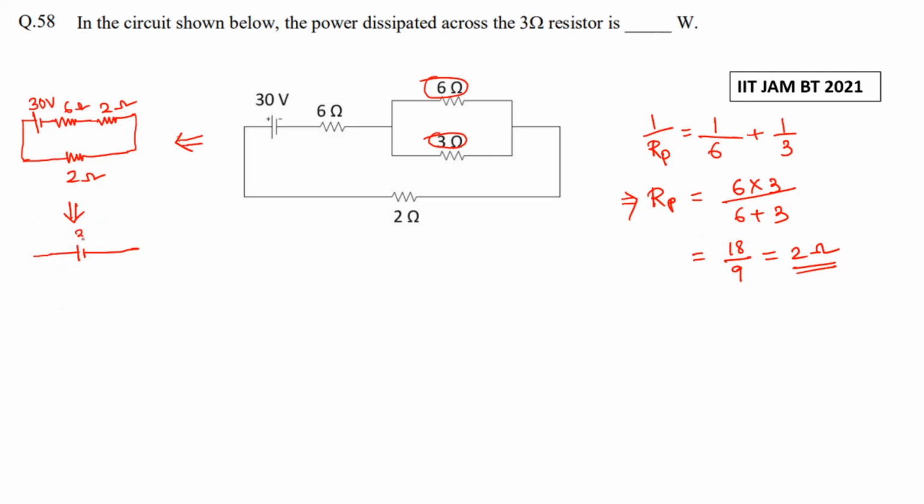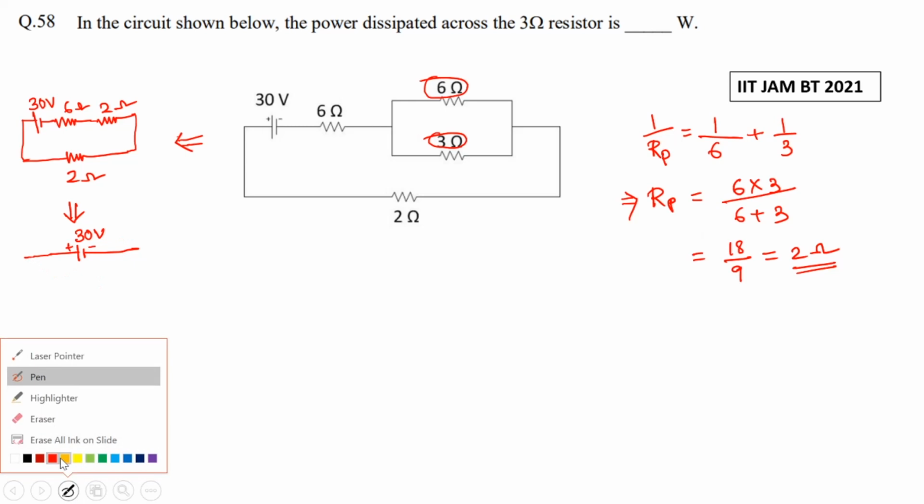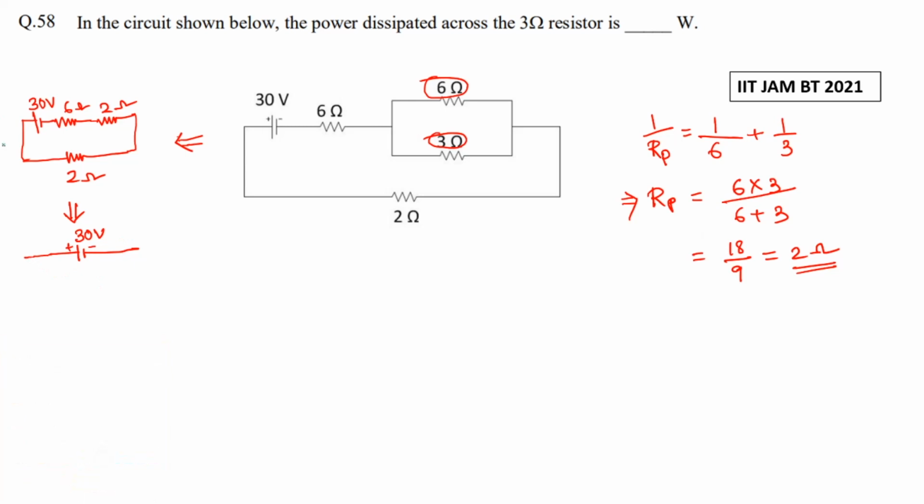Here is our 30 volt battery, plus minus, and here you can see that this 6 ohm, 2 ohm and this 2 ohm, these three resistors are simply connected in series.